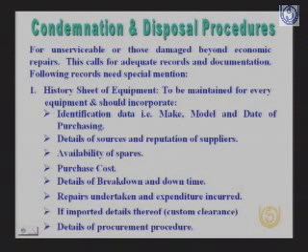So the history sheet will carry the data on all these aspects: identification data, make, model, date of purchase, details of the suppliers, availability of spares, the purchase cost, breakdowns, repairs undertaken and the expenditure incurred. Expenditure is important so that we can justify its being beyond economic use, because an equipment may be repeatedly repaired and you are incurring huge expenditure.